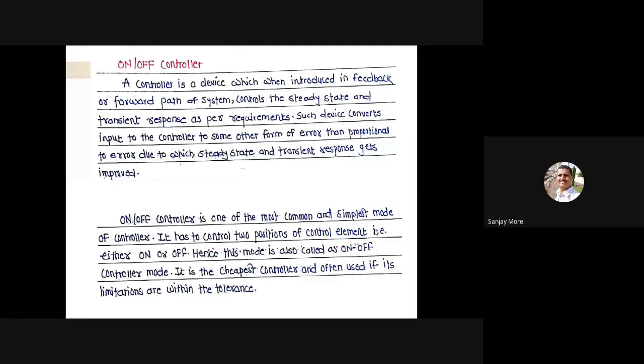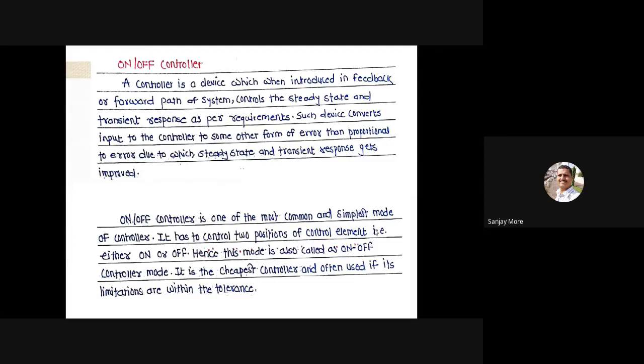Hence this mode is also called the on off controller mode. And this is the cheapest controller, often used if its limitations are within the tolerance. Okay, so this is the simplest form of controller. Only two outputs are there, whether it is on or off. Understood?